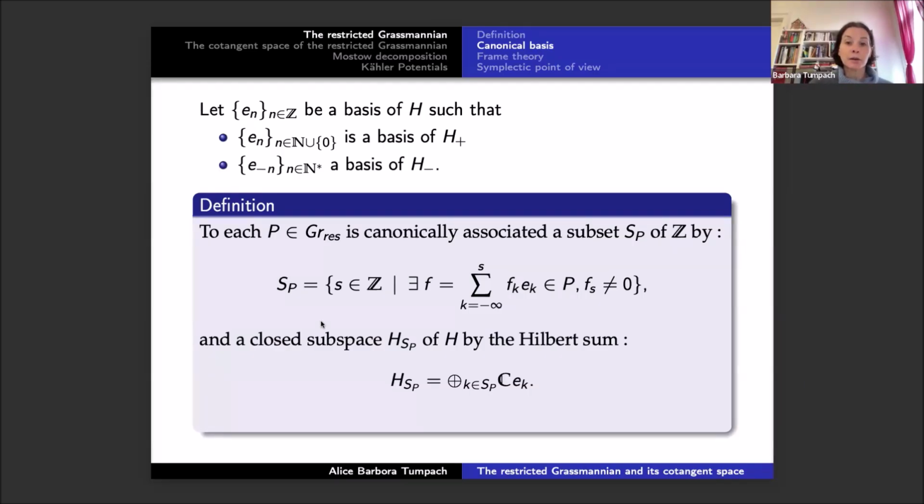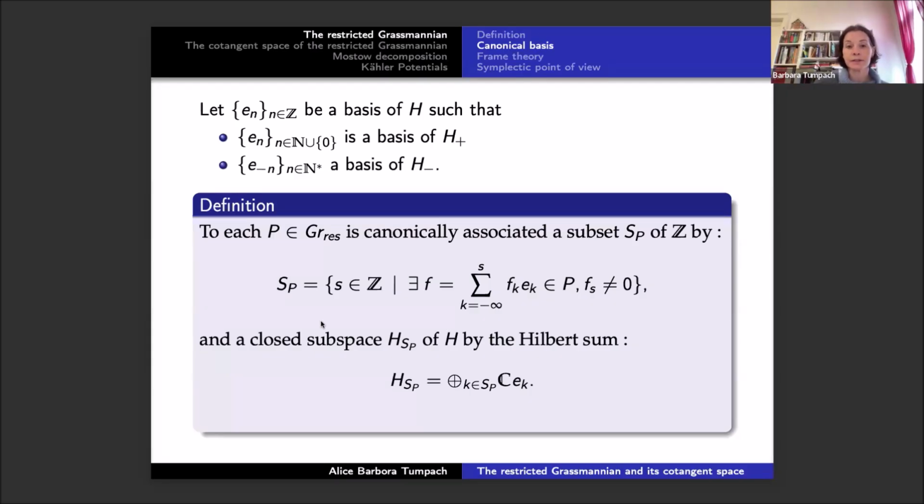So now I'll go slowly to the definition of a canonical basis of an element P in the restricted Grassmannian. And first of all, I need to associate to an element P in the restricted Grassmannian a subset S_P of Z, of the integers. And S_P is defined as follows.